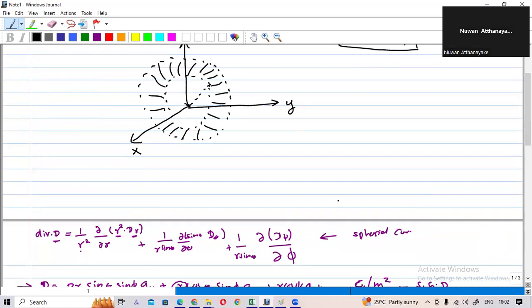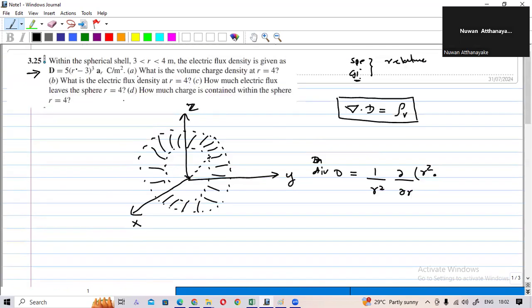So if you consider divergence of D, in this case, 1 over r square, d by dr of r square times the dr component, that is 5r minus 3 to the power 3.